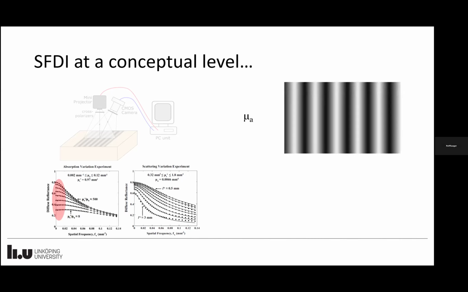One of my PhD students says, well, you start with a pattern like this, and if you increase the absorption, basically what you do is attenuate the signal. The pattern stays the same, it just gets darker. Yeah. The period of the pattern.